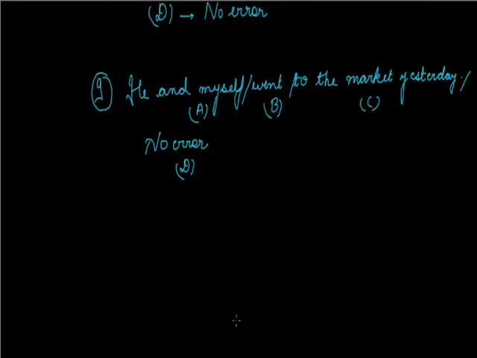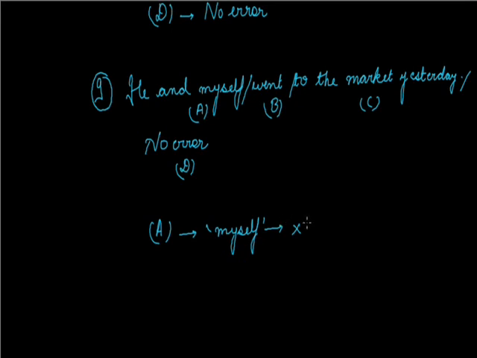Error may be in any part. Tell me which part contains error. Okay, I tell you. The error is in part A. The use of myself, the reflexive pronoun here, is absolutely incorrect. Reflexive pronoun myself should not be used unless it is the object of any verb.